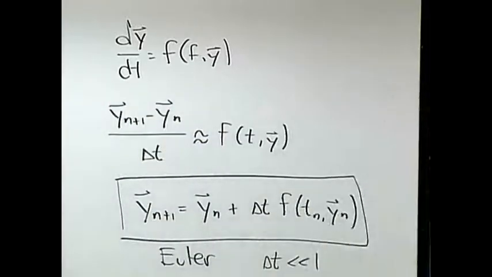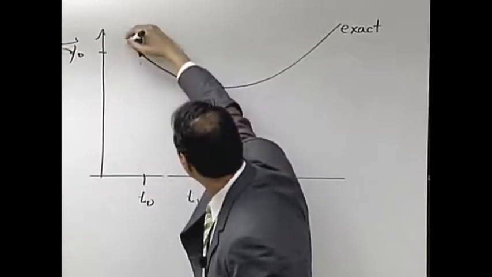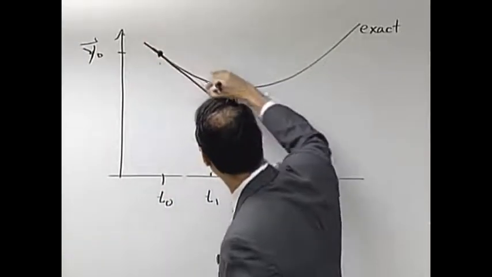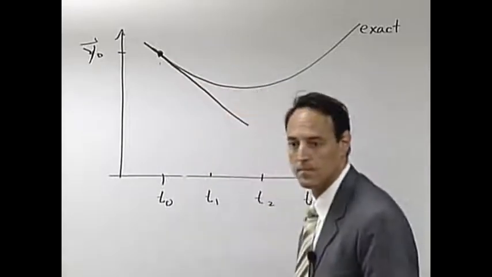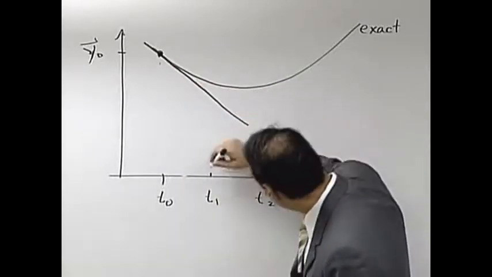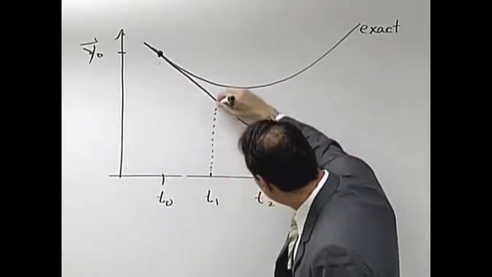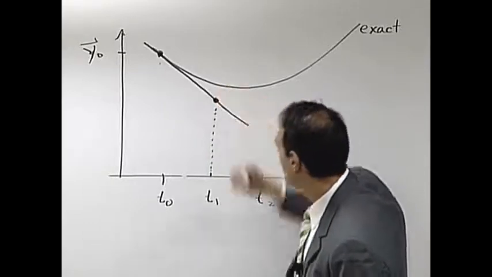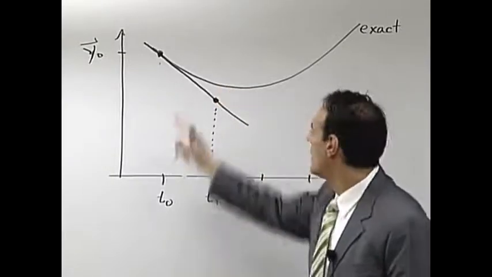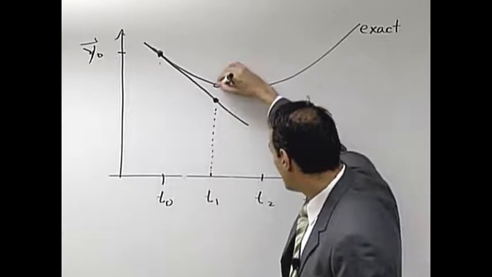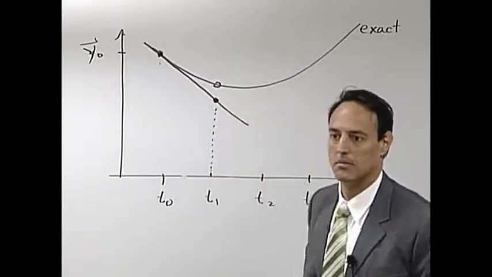So graphically, what you're saying in that Euler scheme is: here I am. To get into the future, I take off on the slope line. There's my slope. It's F. And here's where I am at time t1. This is the actual solution. There's my prediction.